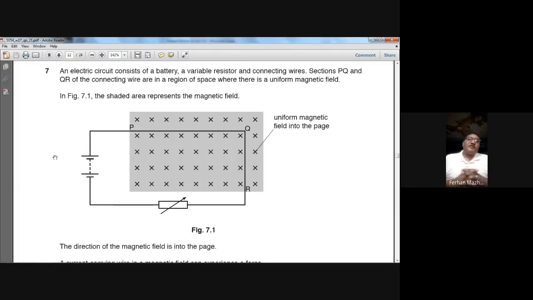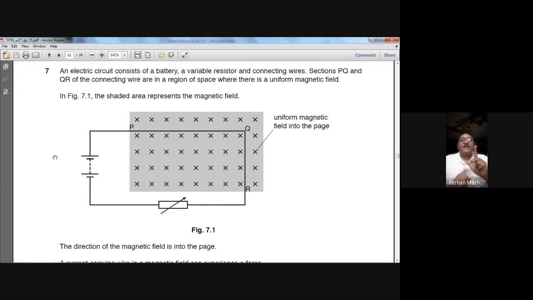For this purpose, we have the left hand rule. The left hand rule is that you take your left hand and stretch the fingers in such a way that the thumb, index finger, and the middle finger are perpendicular to each other, like I have done.